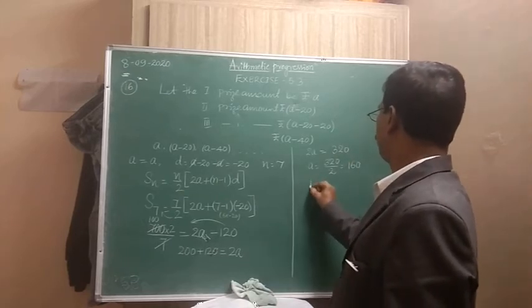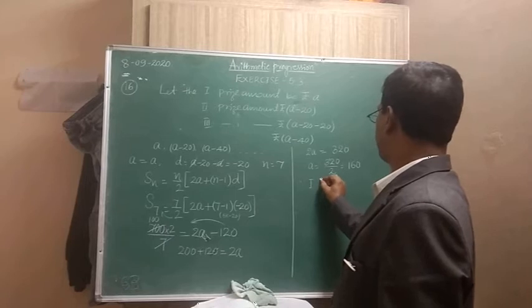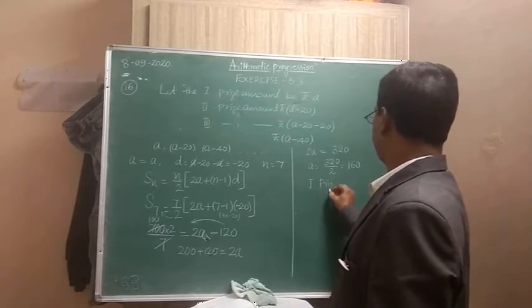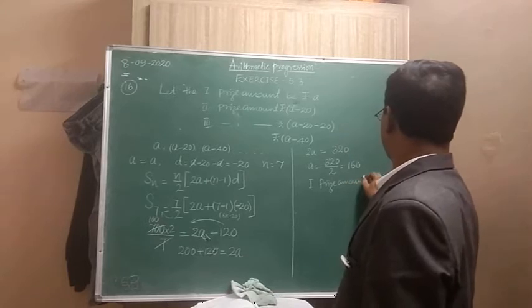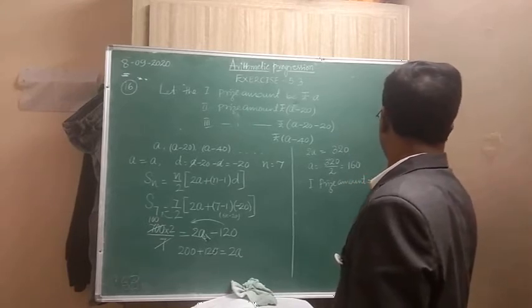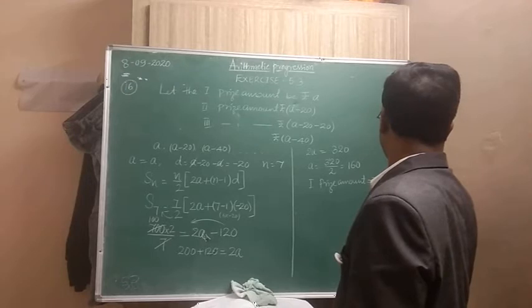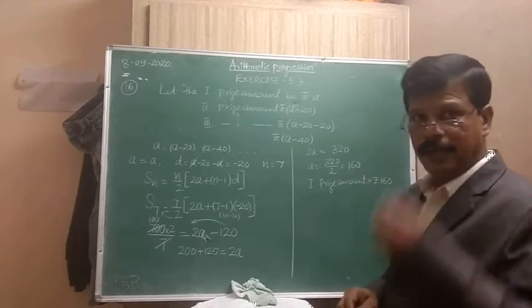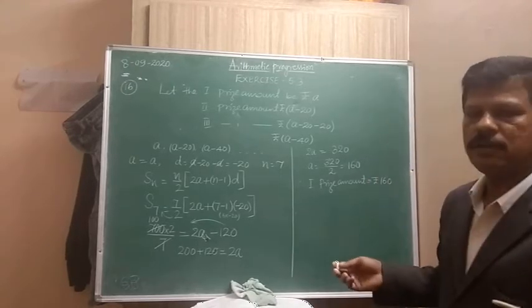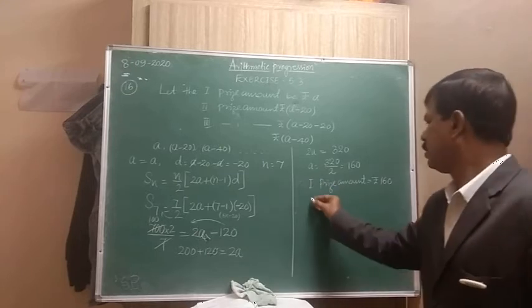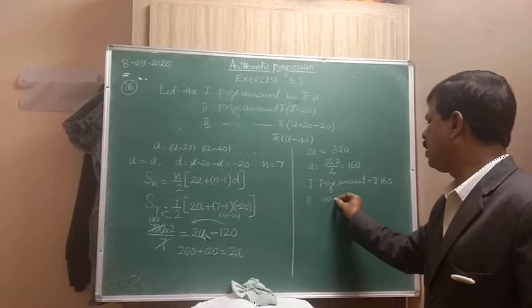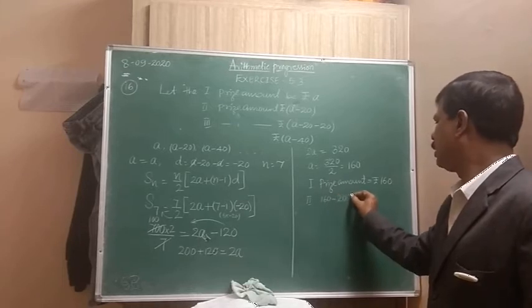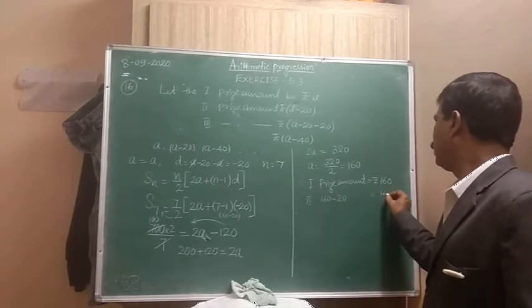Therefore, the first prize amount equals rupees 160. Then it is easy to find out the remaining prizes. So the second prize is 20 less than the previous one, 160 minus 20 equals 140.